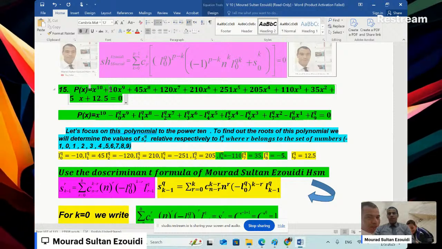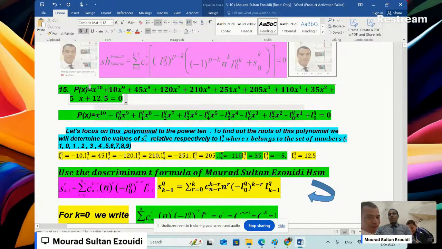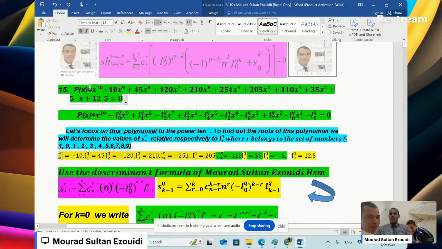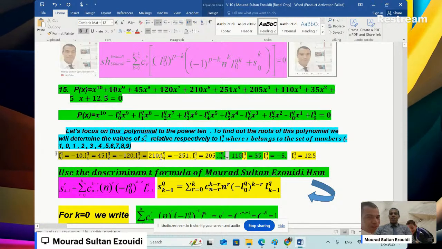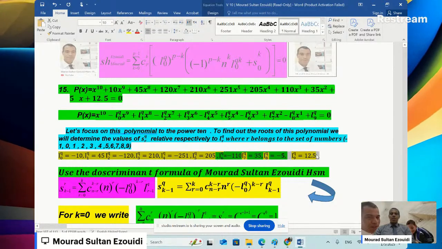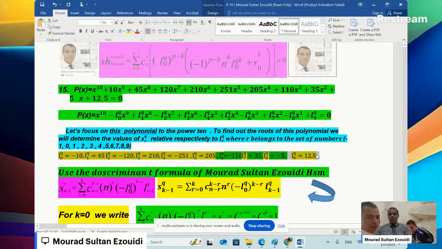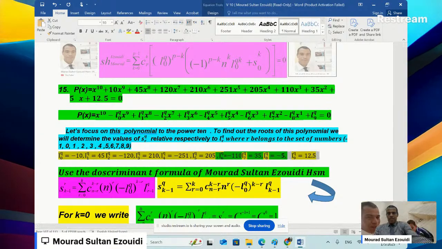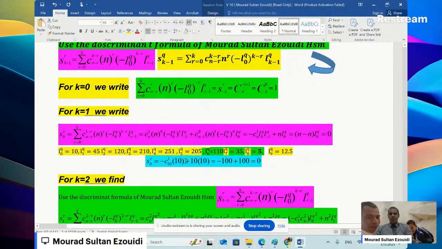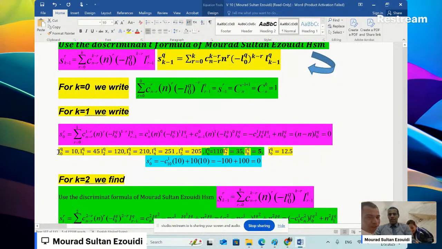Now I'm going to use these coefficients of my original tenth-degree equation. Then I'm going to calculate S subscript k minus 1, where k ranges from 0 up to 9 because the highest power is 10.